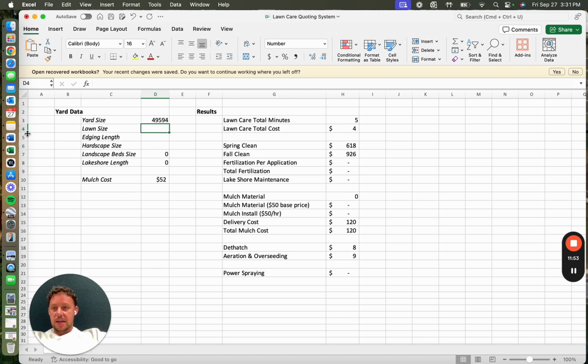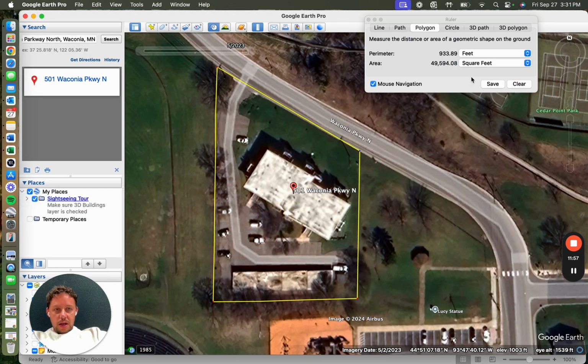So as we go back, we're actually going to make this a little more narrow. I'm making it smaller because this roughly is the size of the lawn, right?